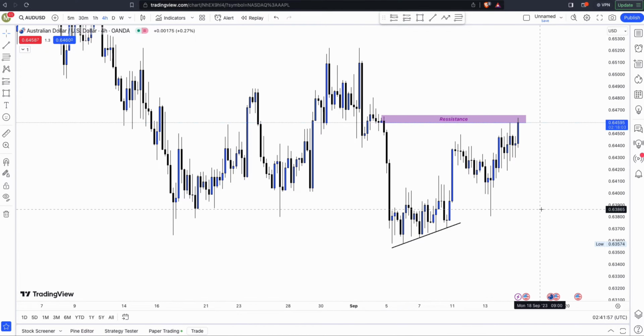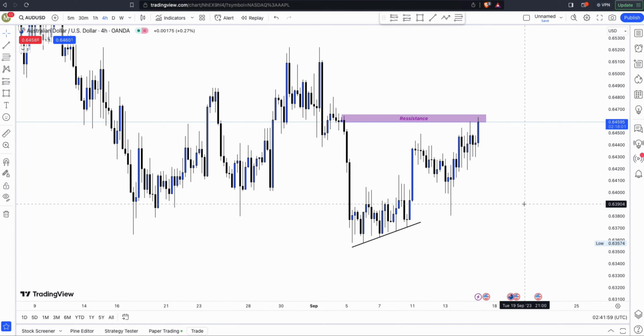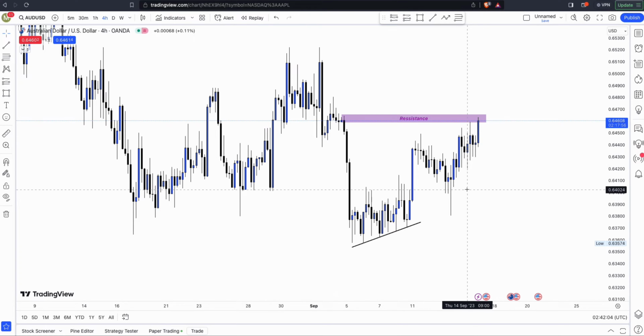We've hit the resistance over there. So now we're going to be expecting a bearish reversal, and the reversal should at least be till this point over here.